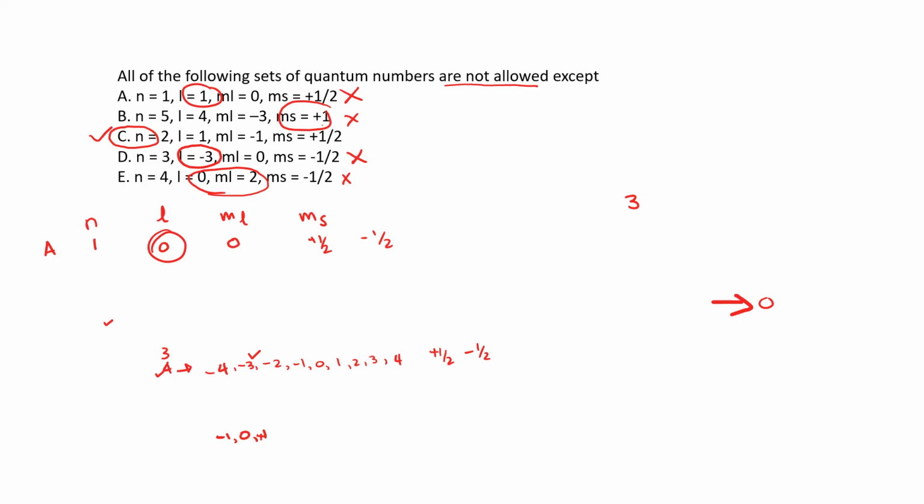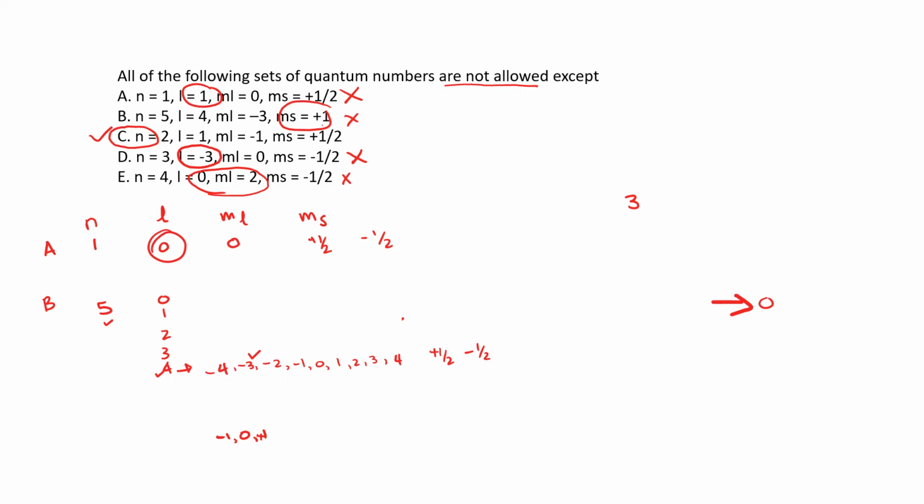There's no 1, so we can cross this out. When you go to B, n equals 5, that means your principal quantum number. You can have l values from 0 to n minus 1. That means l values could be 0, 1, 2, 3, 4. So l equals 4, yes, it is allowed.